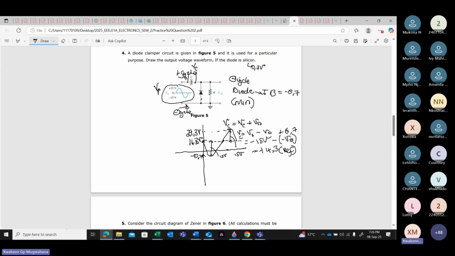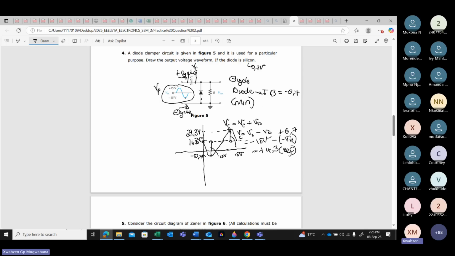Because it's a negative cycle, it simply means that the first turning point is going to be minus 0.7 volts. If this is 15 here, minus 15 here, where is minus 0.7 volts? Is it minus 0.7 from 0 to 15, or from 0 to minus 15? 0 to minus 15. It was turning on minus 15. Because of this diode, which says now you need to turn at minus 0.7 volts, what is going to happen to this signal?